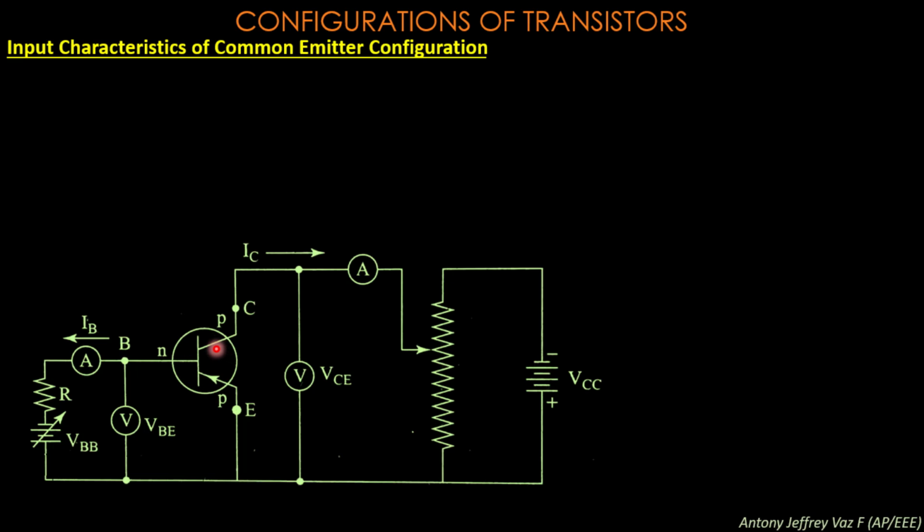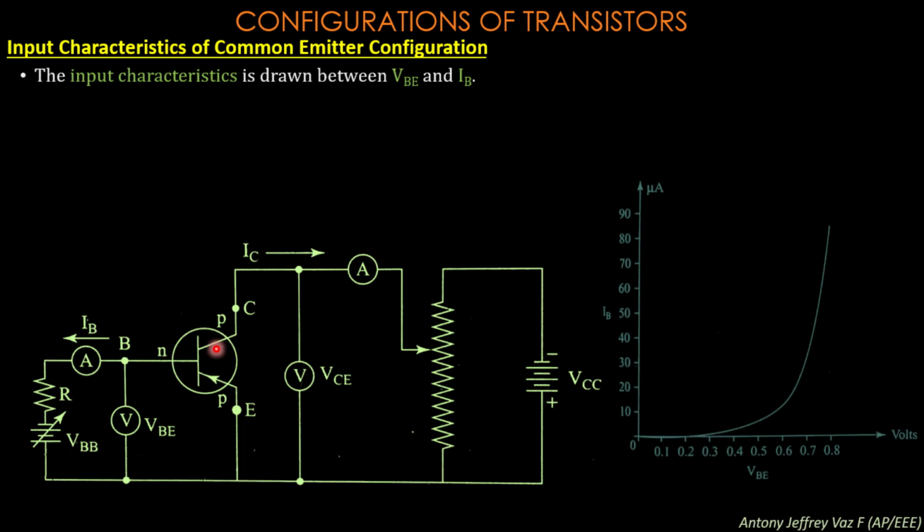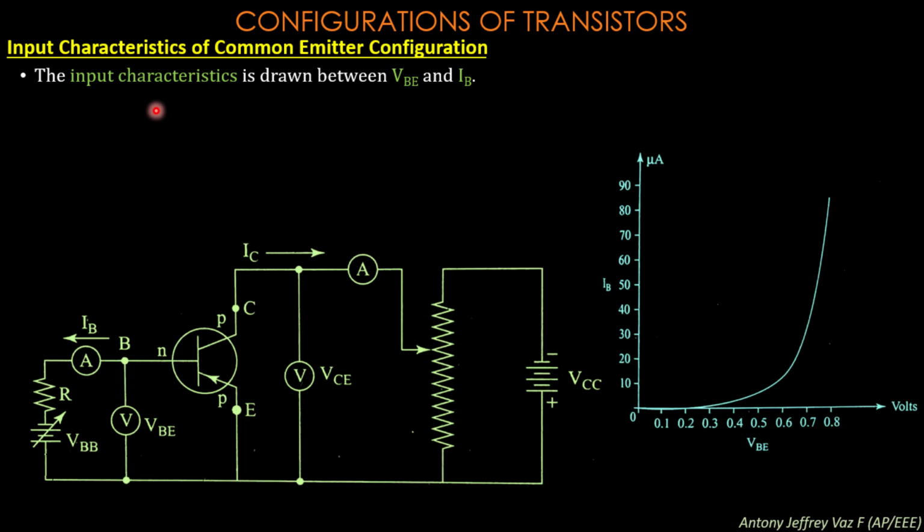these equipments as they are in a breadboard or in a simulation tool. Next, the input characteristics is drawn between VBE and IB. Here VBE represents the voltage across the base and emitter.